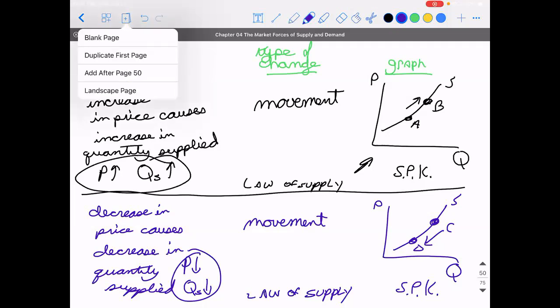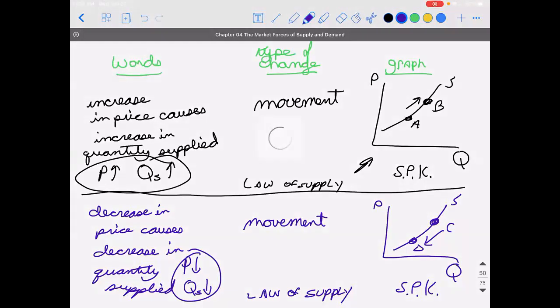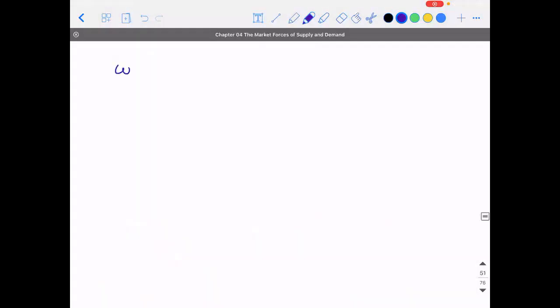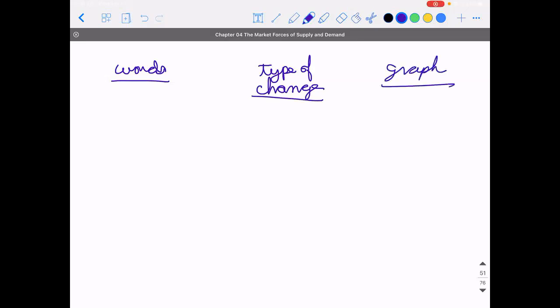As opposed to someone saying supply increases.